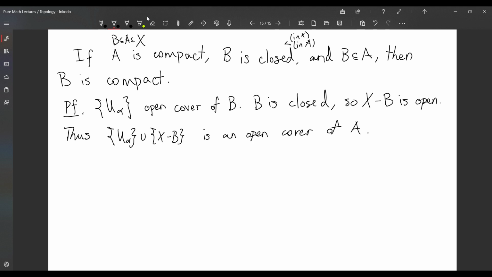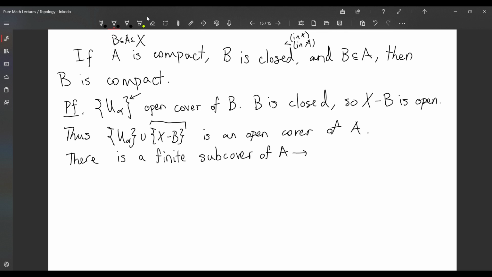And once we have an open cover of A, this means there is a finite subcover of A. And since B is contained in A, this is necessarily a finite subcover of B, except you have to deal with this extra set here, because you're looking for a finite subcover of the original collection.